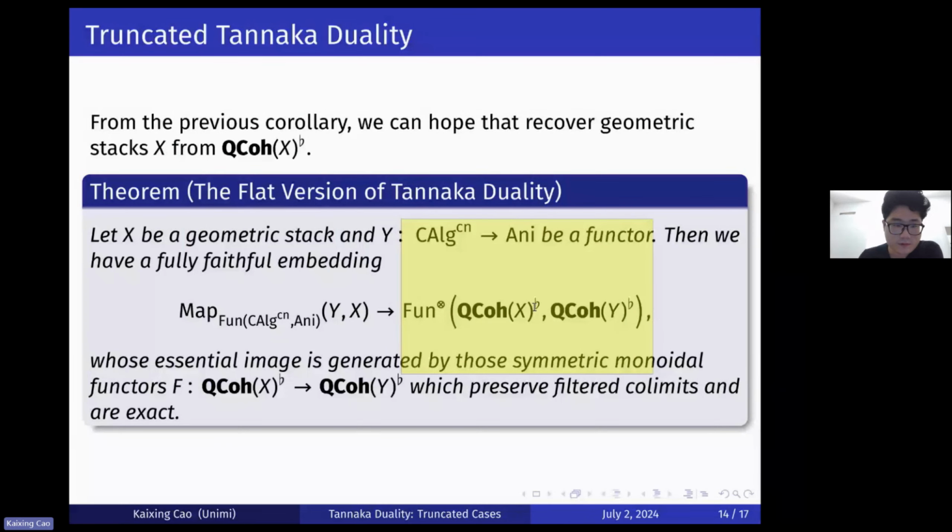So in particular, this theorem tells us X can be recovered from the flat quasi-coherent sheaves, and also we can describe the essential image, which is just those preserving the filtered colimits and the exact functors.